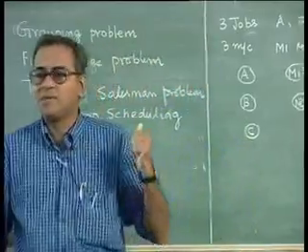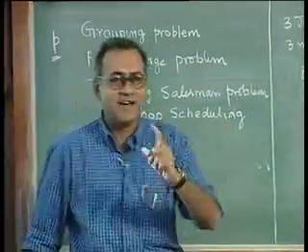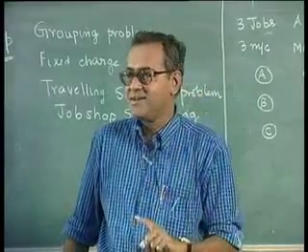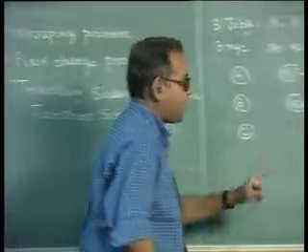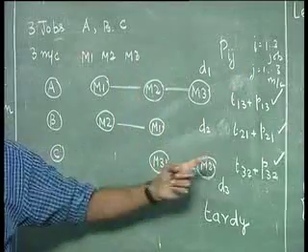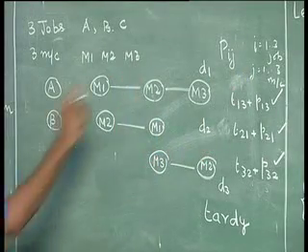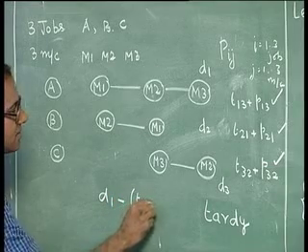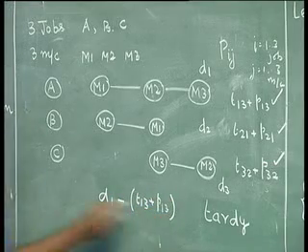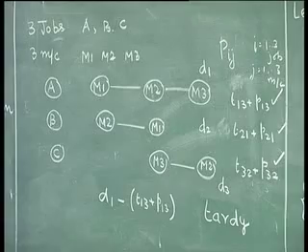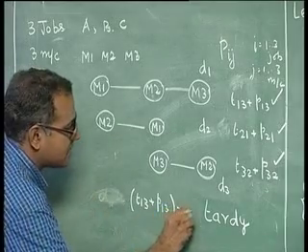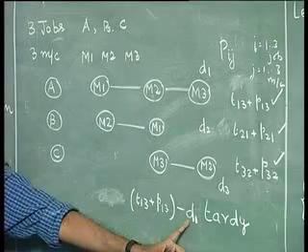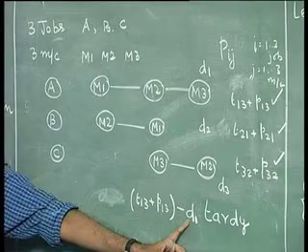Now, what do you want to minimize? Right now you do not want to minimize the earliness, you are interested only in minimizing the tardiness. So, what you have to do is define a tardiness for each one of these. What will be your tardiness? Tardiness will be T13 plus P13 minus D1. This is the completion time, this is the due date, correct?